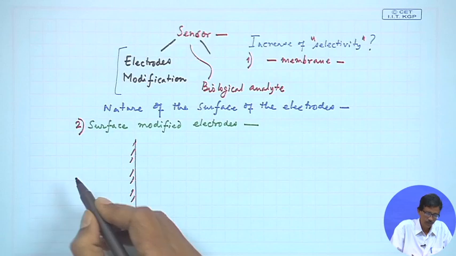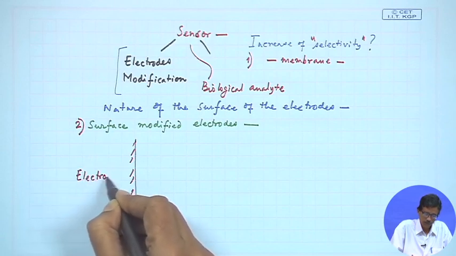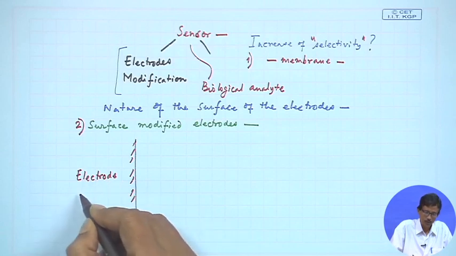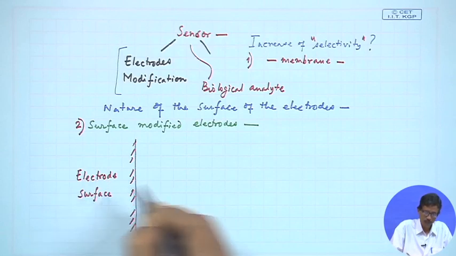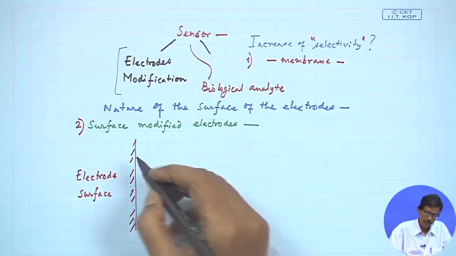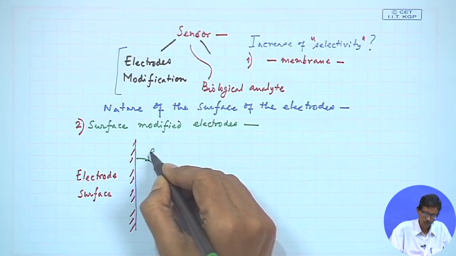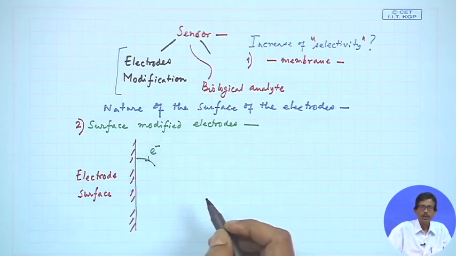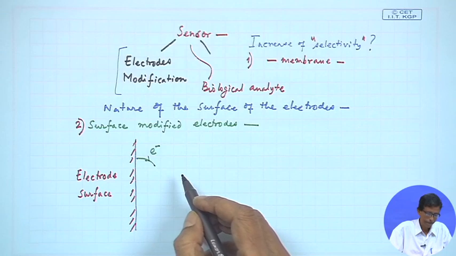Suppose this is your electrode surface, which is in contact with the solution containing the analytes, and it gives electrons, meaning it is responsible for the reduction of something.